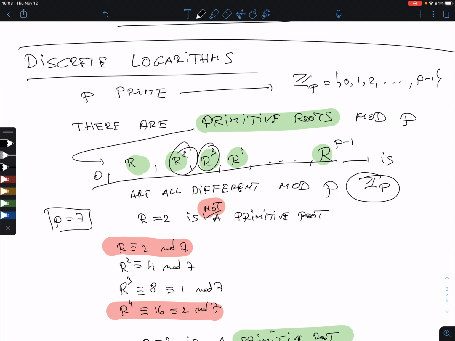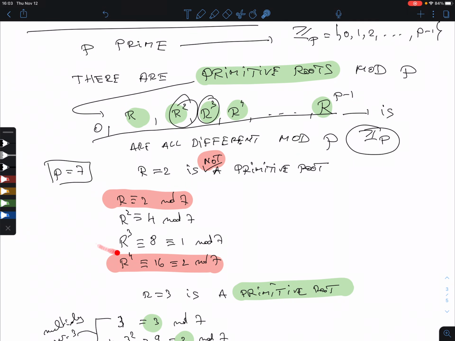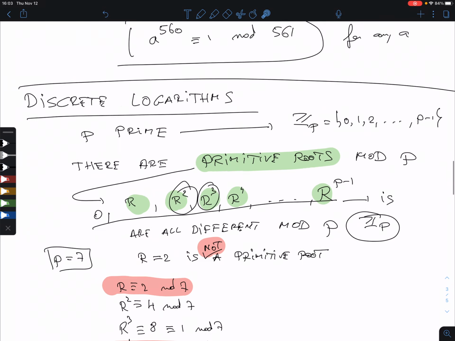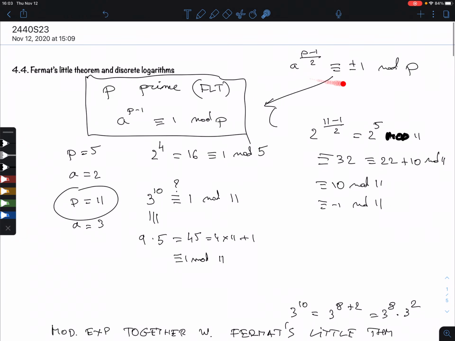By the way, here is perhaps something that I should point out, because 2 is not a primitive root here. Look at this here. Now, remember what I said all the way on top? We should have this, because if you square both sides, then you get this here, and that is supposed to be 1, right? Notice that here I do this for p is 7 and a is 2.